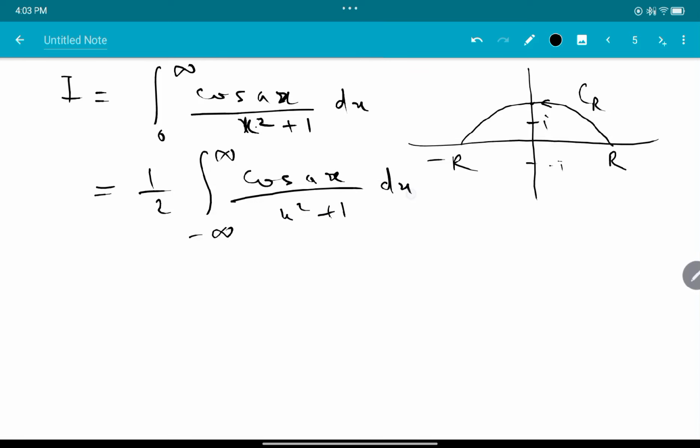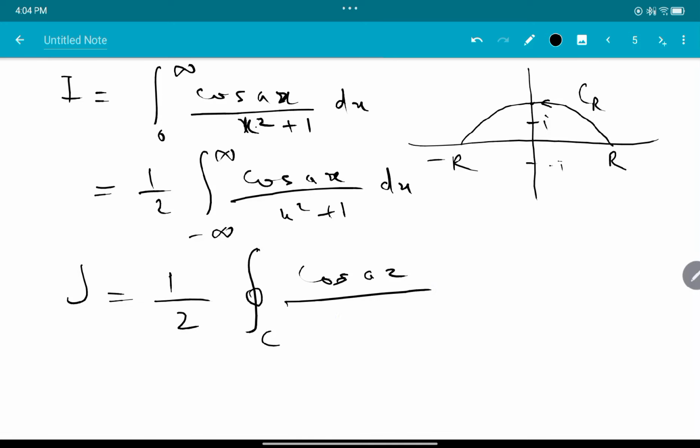Then we converted this into a contour integral. Instead of this, we considered the contour integral J equal to 1 by 2 times the contour integral along path C of cos a z divided by z square plus 1 dz.